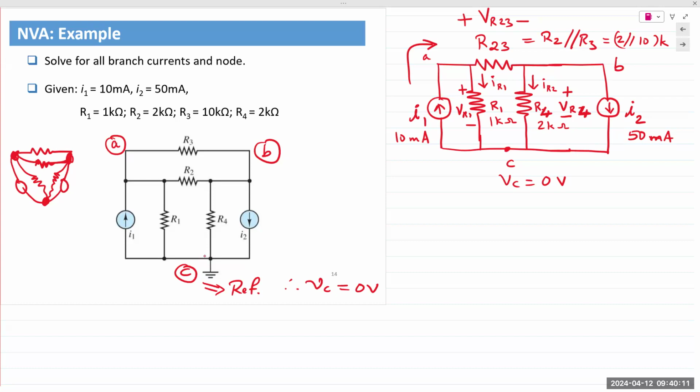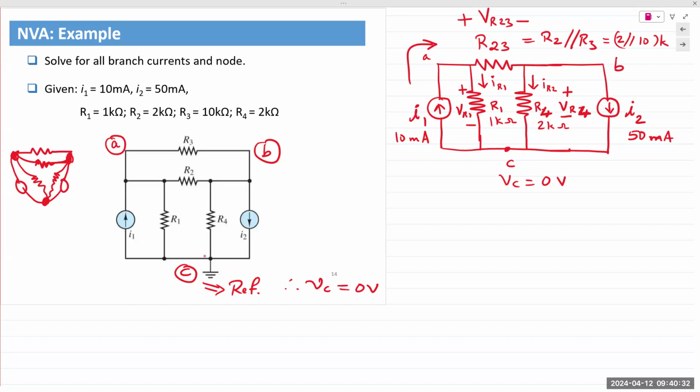Then I assumed and identified all the branch currents. From the branch currents, I noted down the resistor polarities. And now I am ready to apply KCL. This is the problem setup. This is what I will ask you in the quiz on Monday, and then also on the final exam.